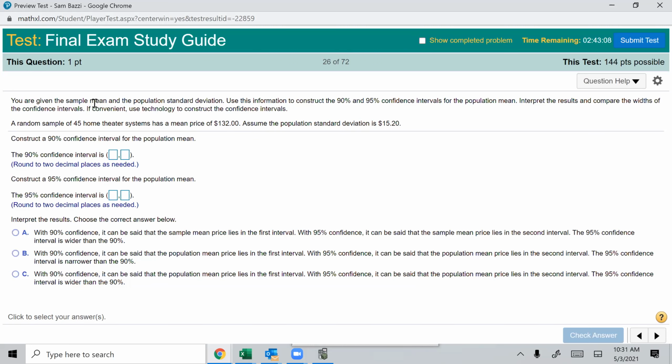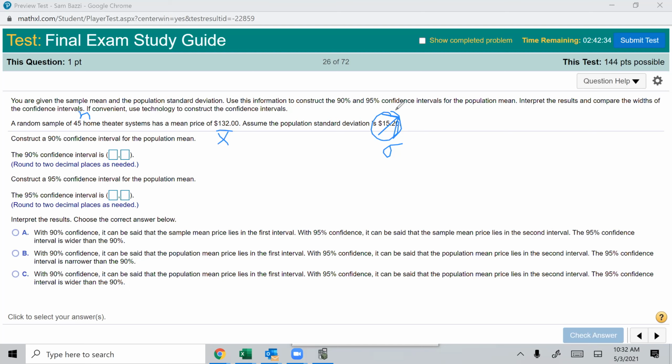You are given a sample mean and a population standard deviation. You are given the population standard deviation. Please pay attention to this. So you're given sigma. Use the information to construct a 90 and 95% confidence interval. A random sample of 45 home theater systems, so that's N, has a mean price X bar, and sigma is 15.2.